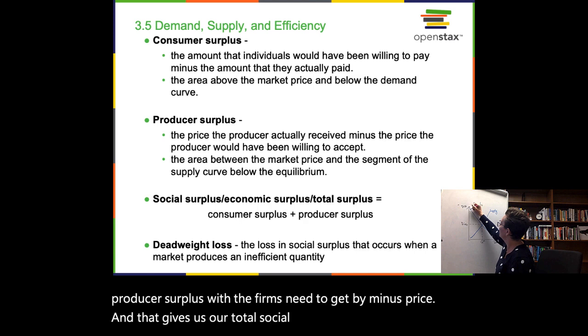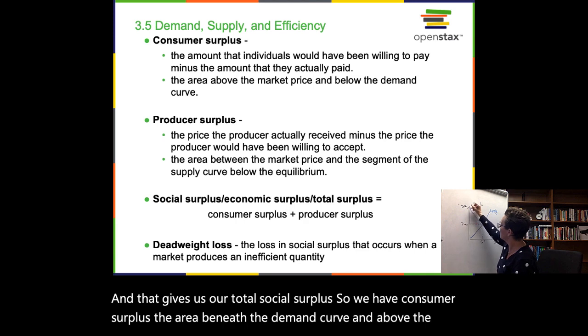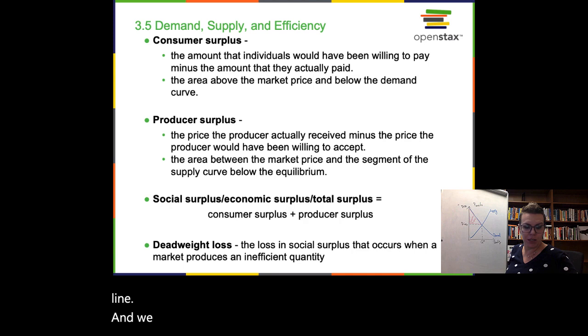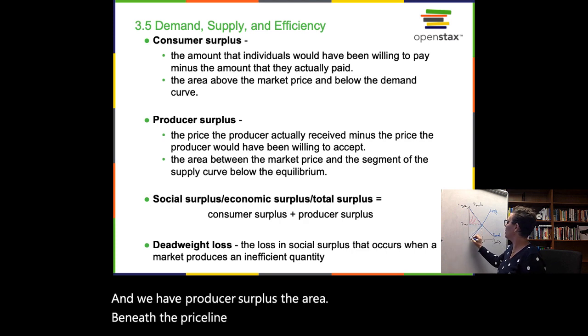So we have consumer surplus, the area beneath the demand curve and above the price line. And we have producer surplus, the area beneath the price line and above the supply curve.